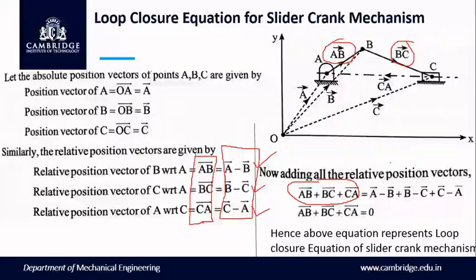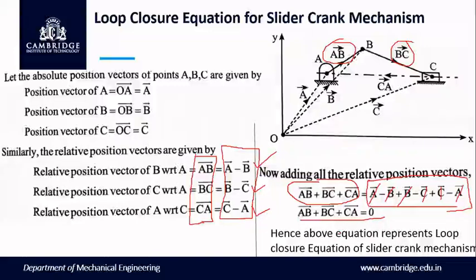So we write vector A minus vector B, vector B minus vector C, plus vector C minus vector A. By applying the signs, we can see AA get cancelled, BB get cancelled and CC get cancelled. Hence, we obtain vector AB plus vector BC plus vector CA is equal to 0.